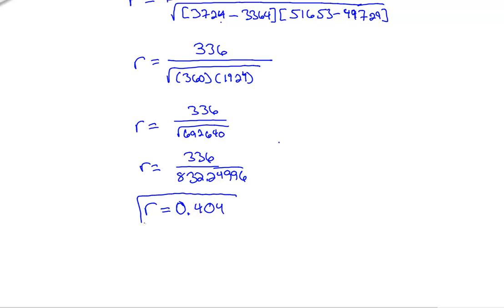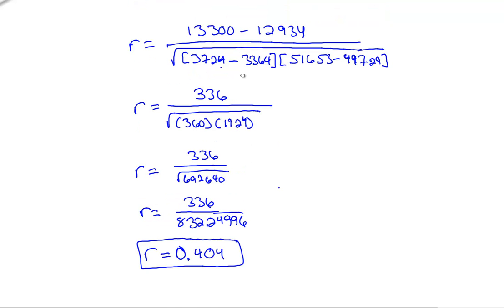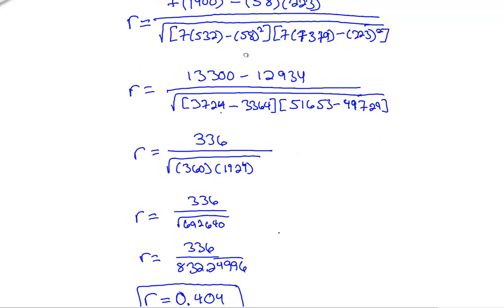This is my correlation coefficient. So it's not real close to 1, but it's not very close to 0. It is positive, and so there is a moderately positive linear relationship in this case. And so you're going to do this calculation anytime you want that correlation coefficient.